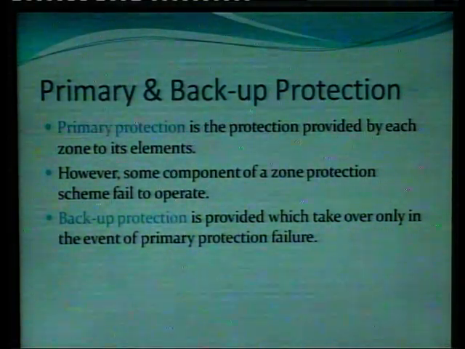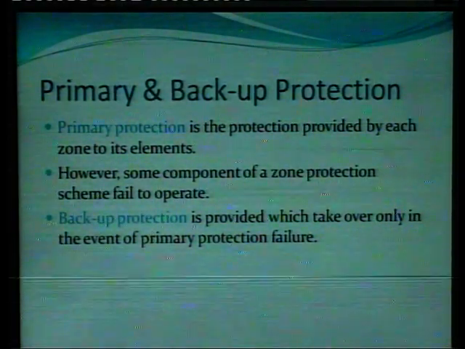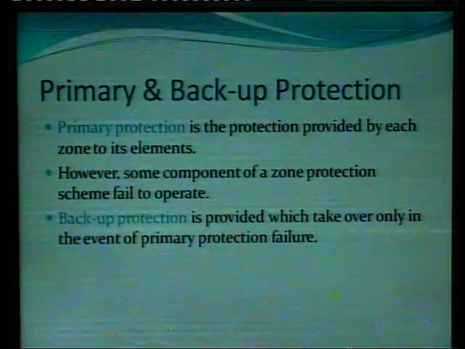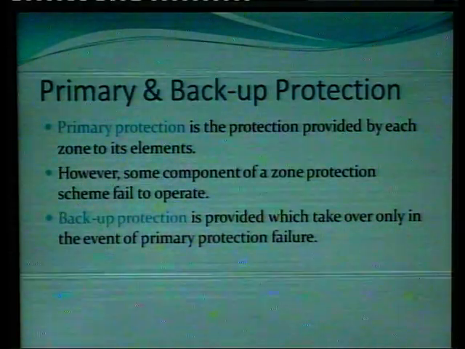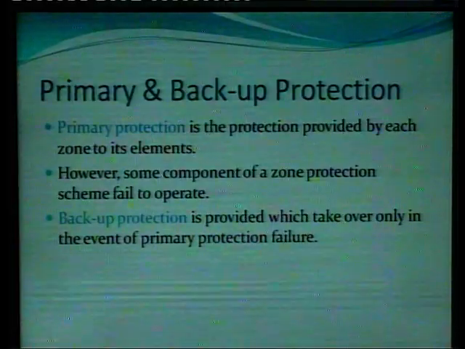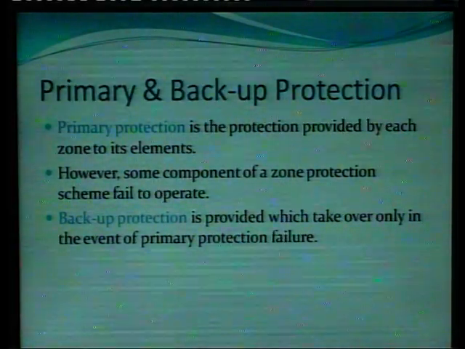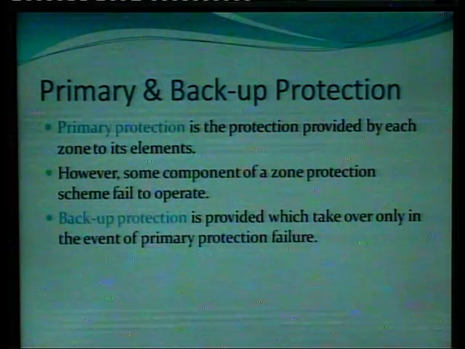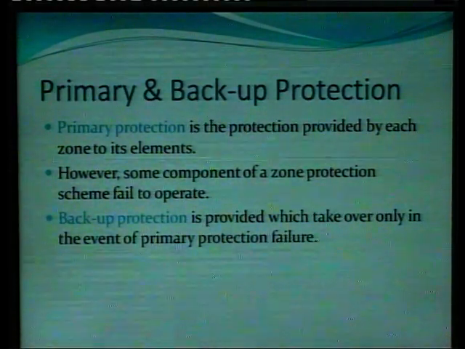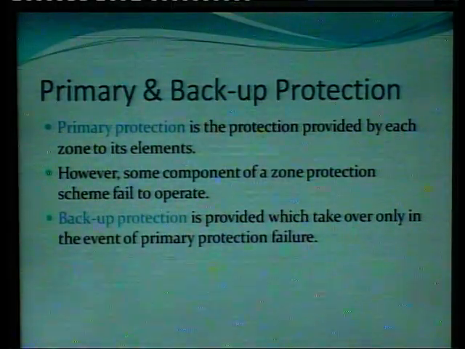So we can say that protection is basically of two types: primary protection and backup protection. Whenever the primary protection fails to operate, in that case the backup protection is provided.